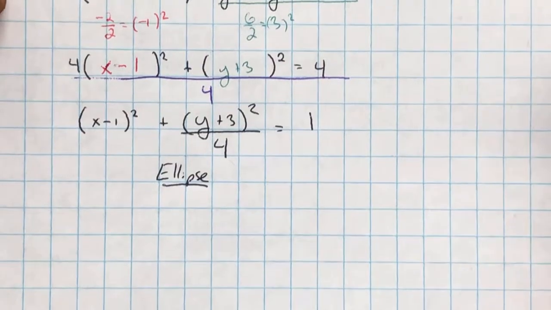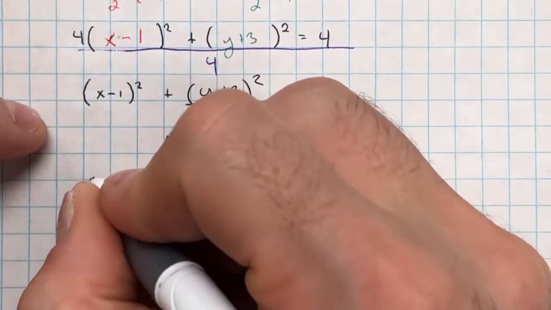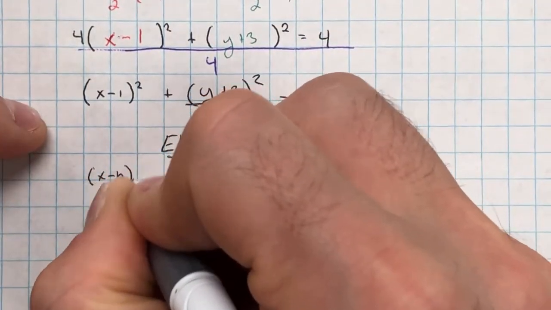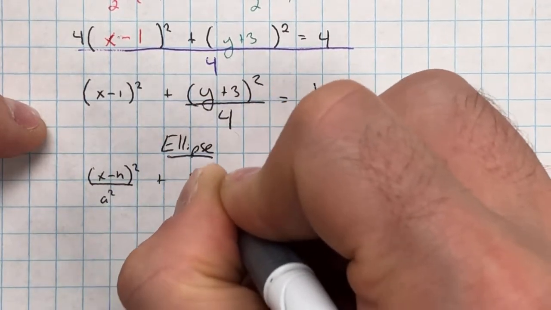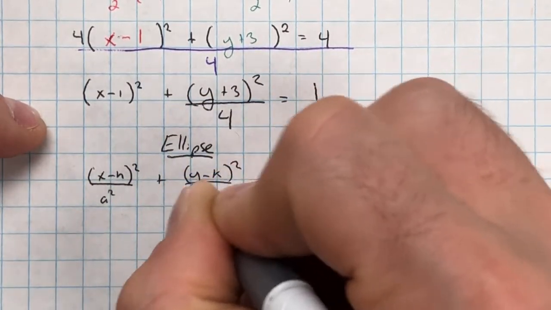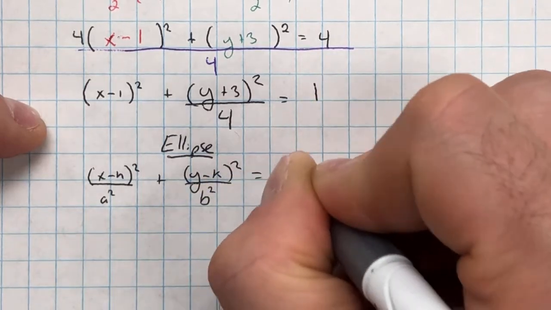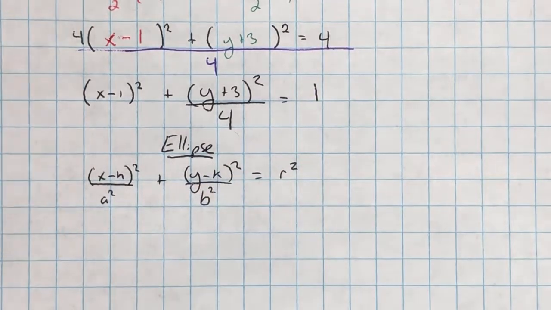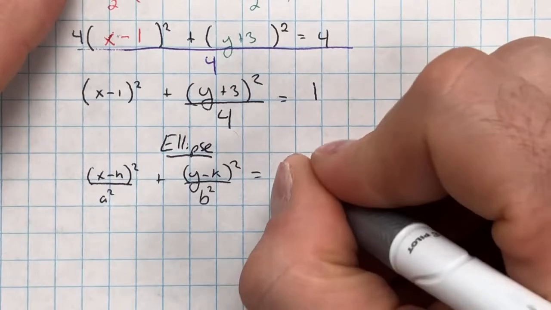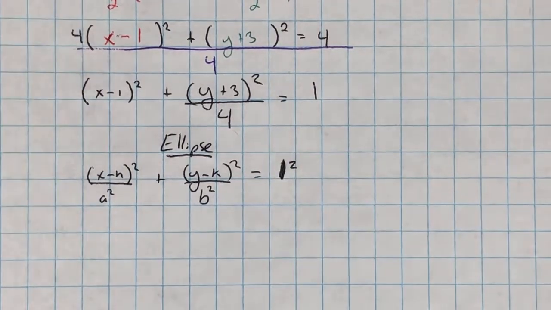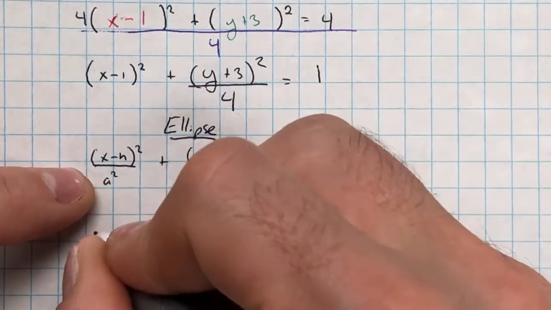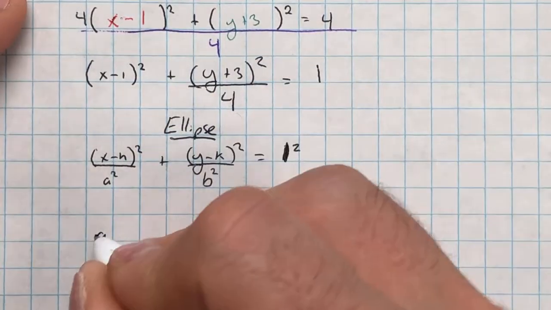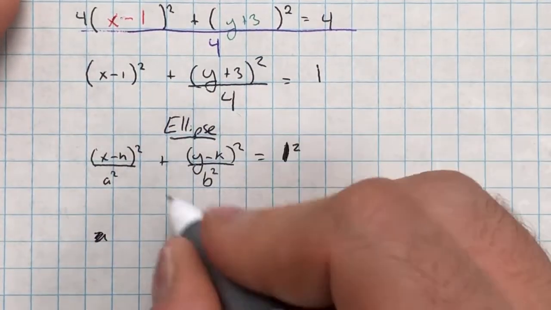Okay? And we know the equation of an ellipse is going to be x minus h squared over a squared plus y minus k squared over b squared equals r squared. Actually, it equals 1. And so let's actually sketch the ellipse real quick.